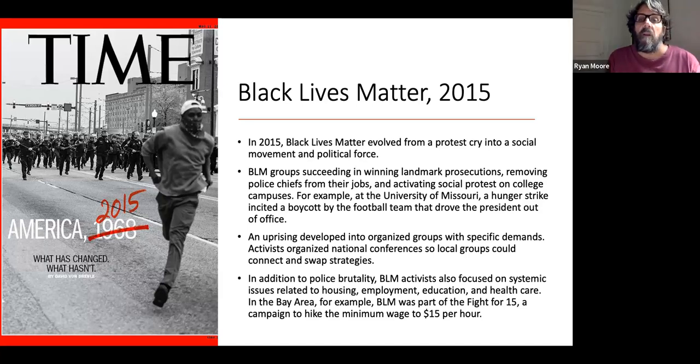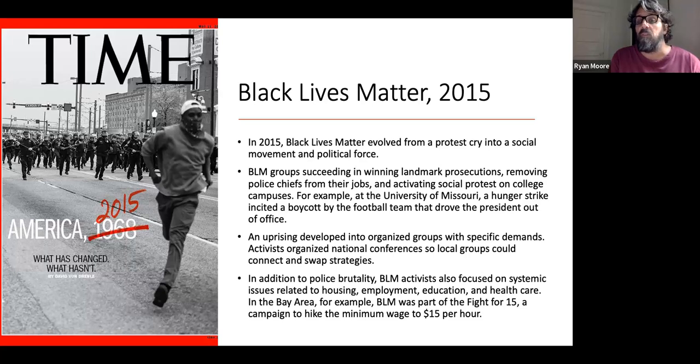So by 2015, Black Lives Matter has evolved from a protest slogan or a cry into a social movement and a political force. Black Lives Matter groups had succeeded in winning landmark prosecutions, of removing police chiefs from their jobs, of activating social protest on college campuses.